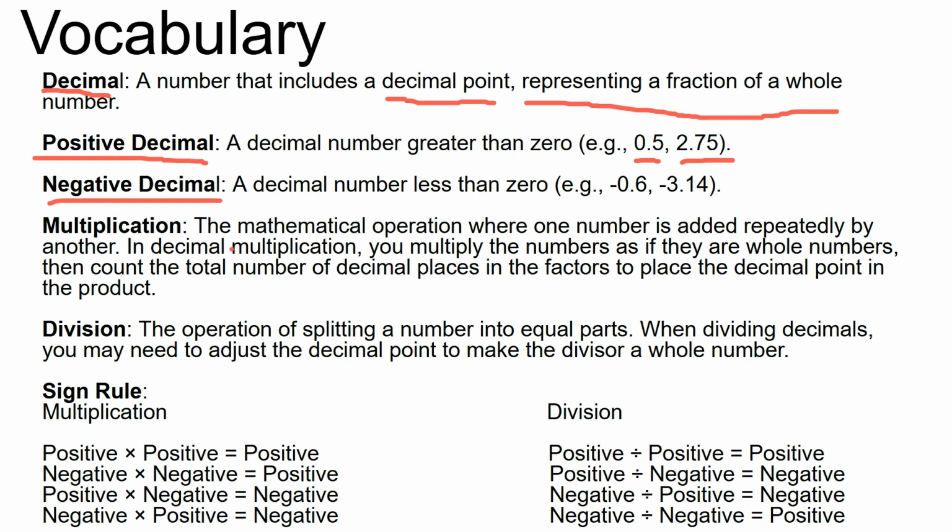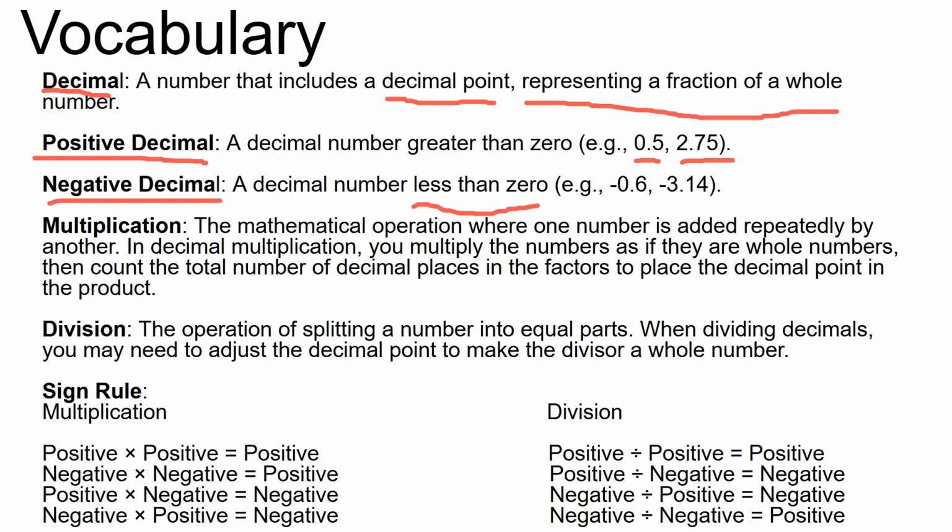And then we have negative decimal. A negative decimal is a decimal number that is less than zero. If positive decimals are decimal numbers greater than zero, the negative decimals are decimal numbers that are less than zero.